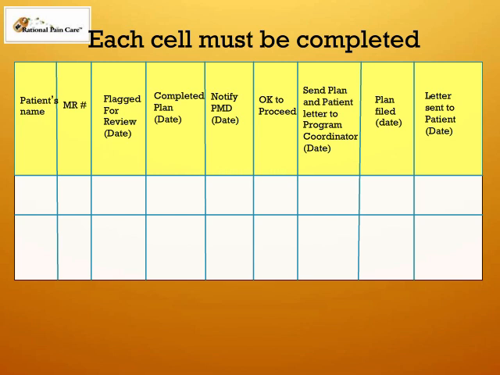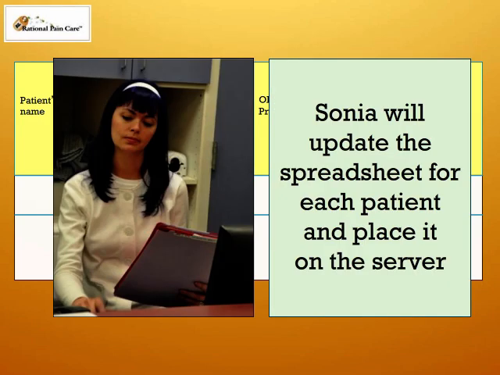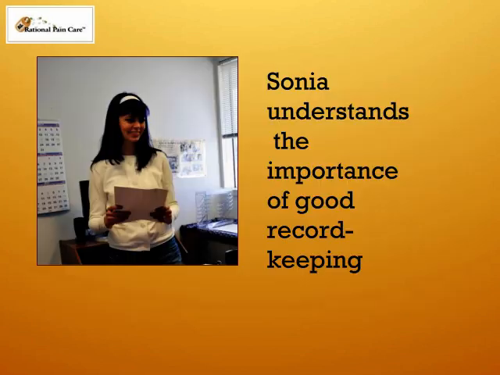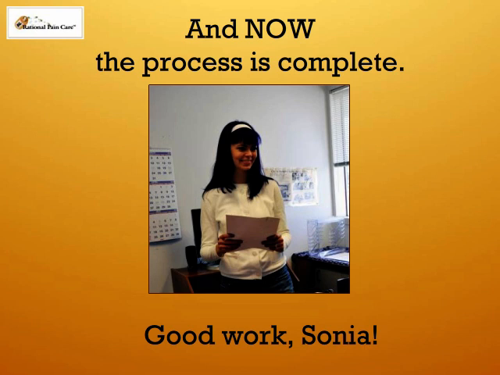Each cell, of course, must be completed, and as you begin filling these out, you'll see which ones are auto-filled. This spreadsheet is put on the server as well, so that everyone involved with any patient can see the status. And of course, a good chart reviewer knows the importance of keeping these records accurate and up to date. Yes, and now we have covered all the steps.